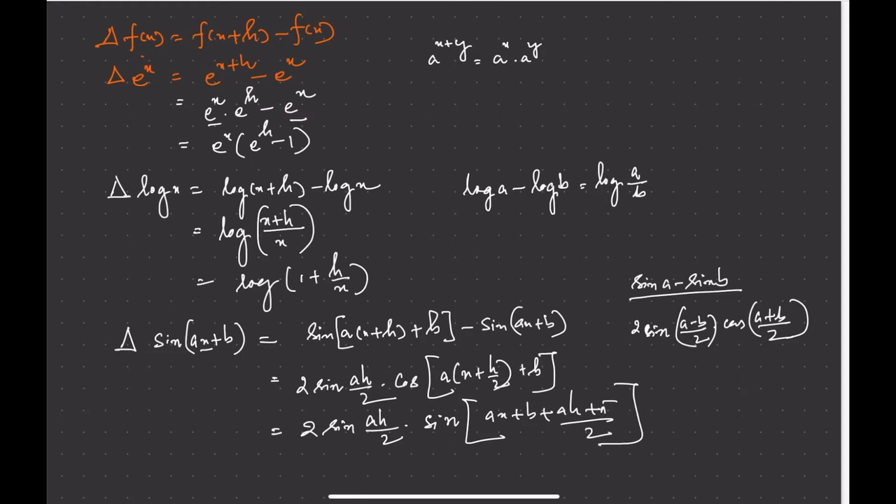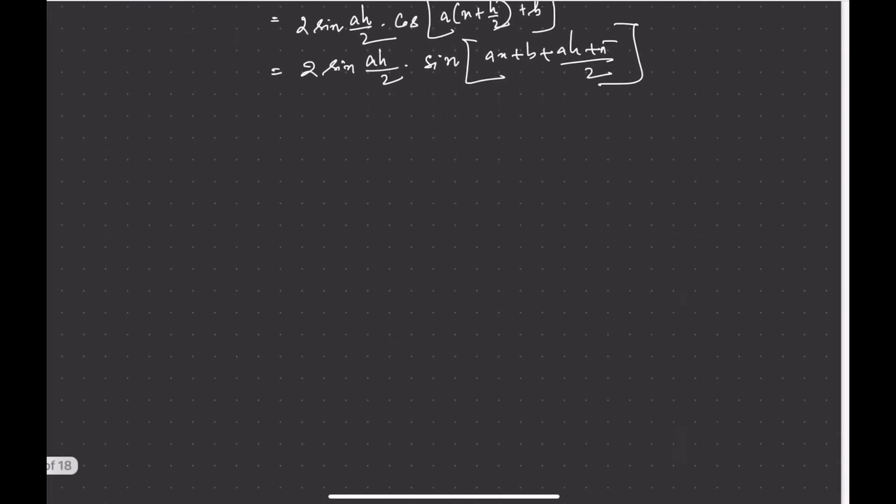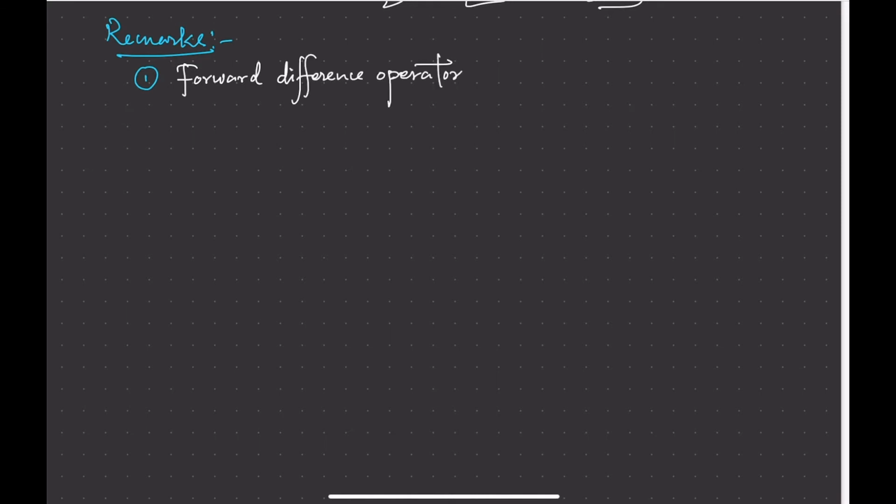Okay, similarly we can do a lot of things. So there are remarks. What exactly are these remarks? The forward difference operator is a linear operator. Then the coefficients are given by Pascal's triangle as follows.